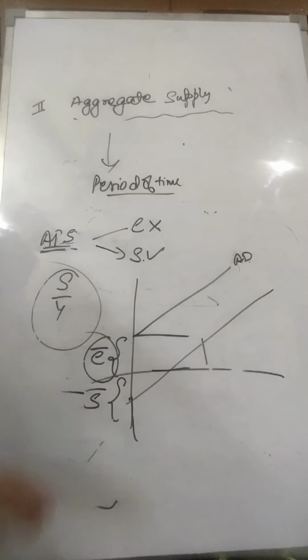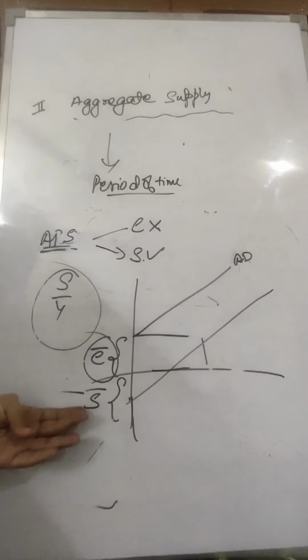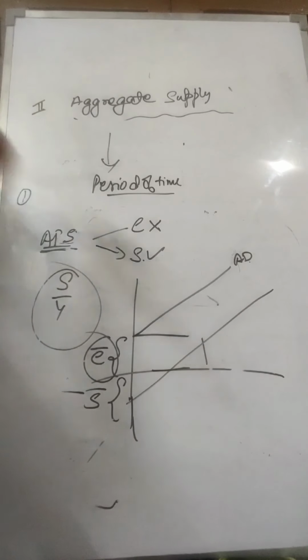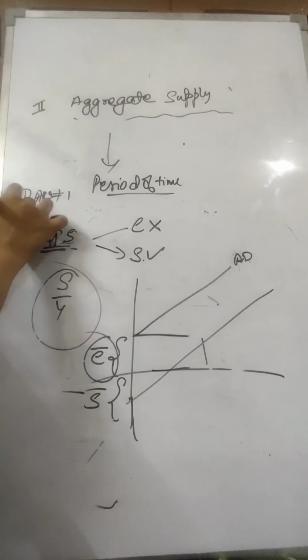You cannot say, okay, I can live without eating food and having shelter, or I can live without water. No, you require something to consume. So that part is our dissavings. So your APS can never be 1. That is our main feature.